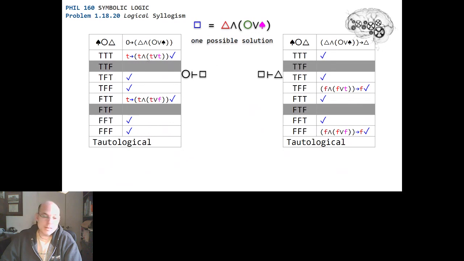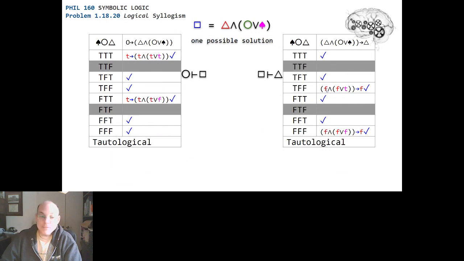Now, we already had said for these two tautology cases that the value of spade didn't matter. It doesn't affect the overall value of the or, because we already have the true value from circle, which drives that value. And this just demonstrates how and why we didn't care. And in the second tautology, it's the same situation.